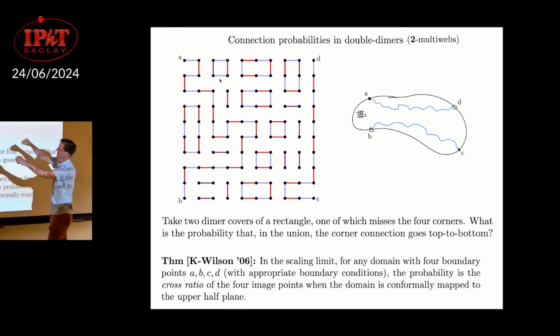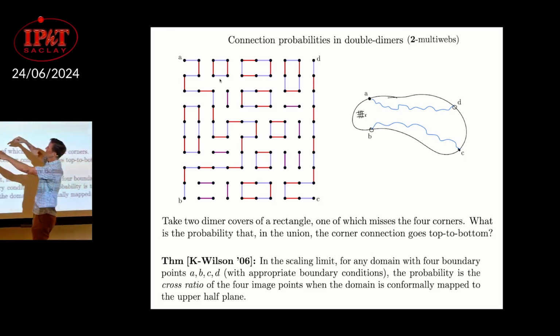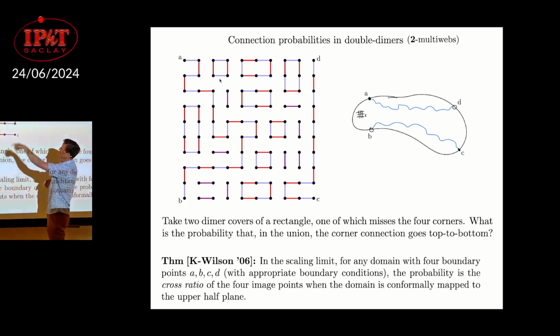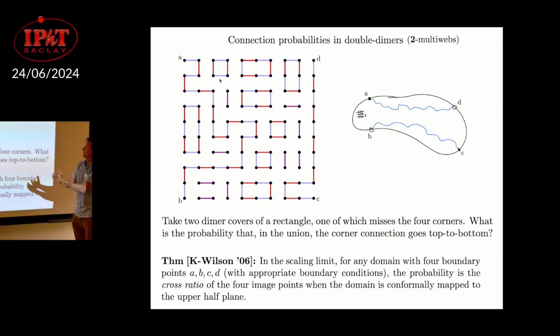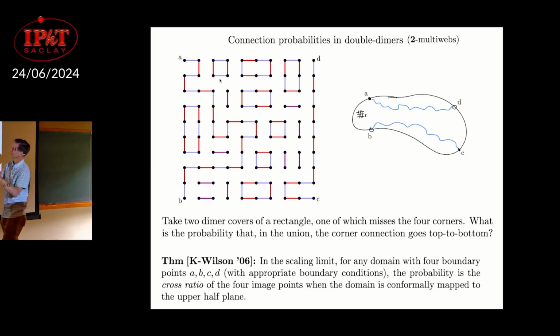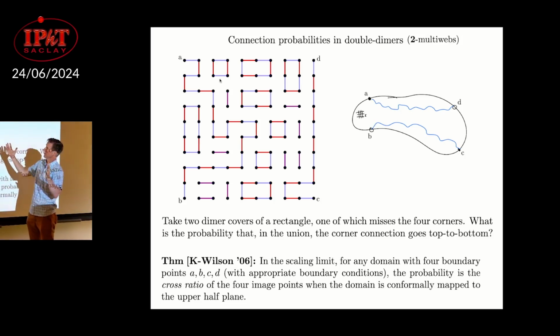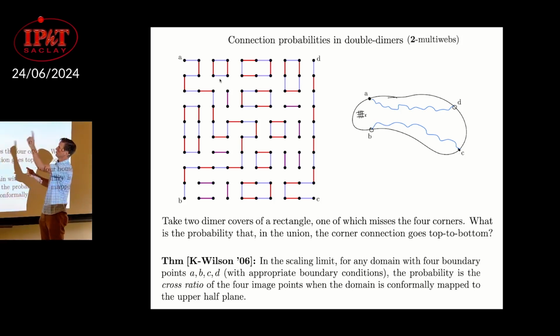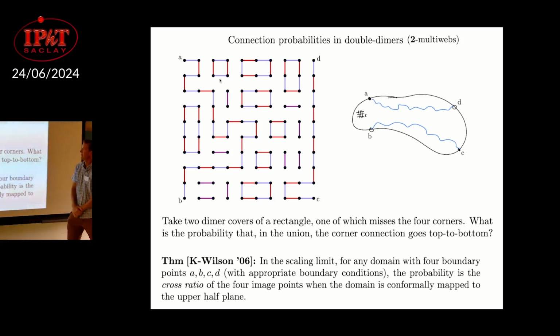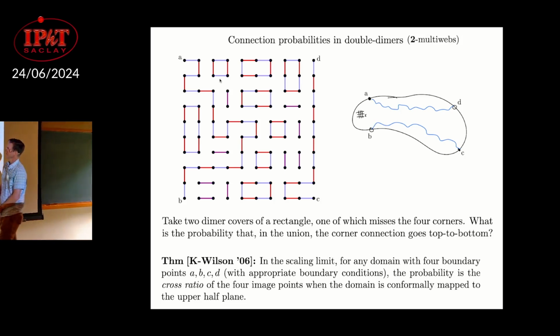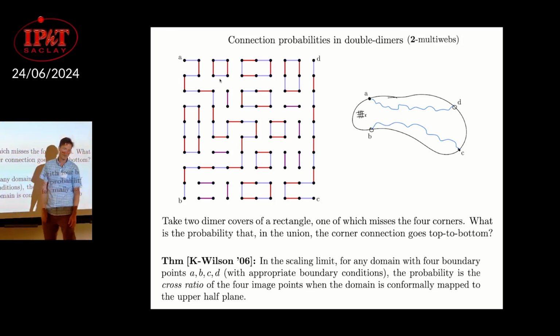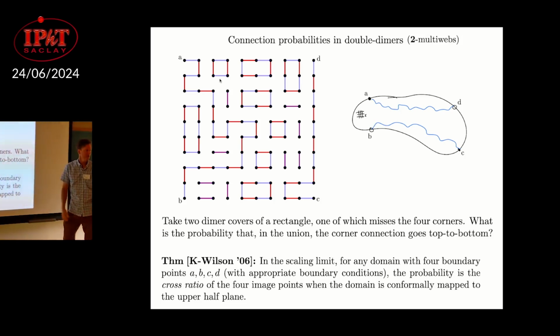There are two possible ways they can connect: A to B and C to D, or B to C and A to D. You can ask what the probability of those two different events are. You just take two independent uniform random dimer covers and superimpose them. What's the probability that the connection goes one way versus the other? Of course, if it's a square, the probabilities are 50-50, just by symmetry.